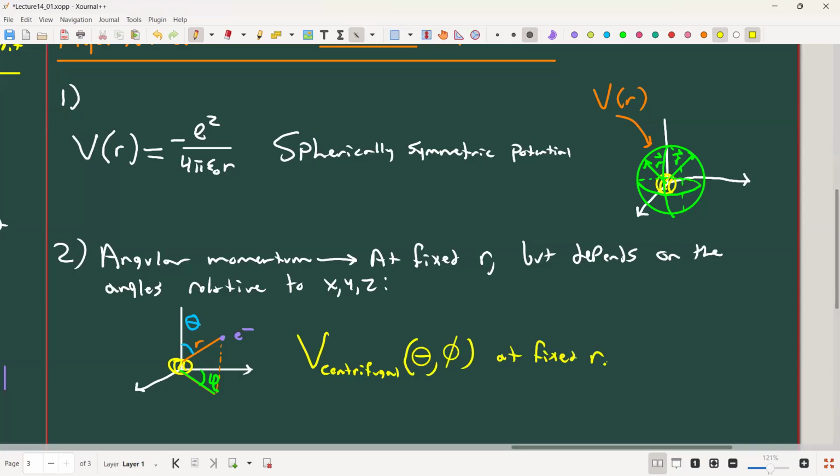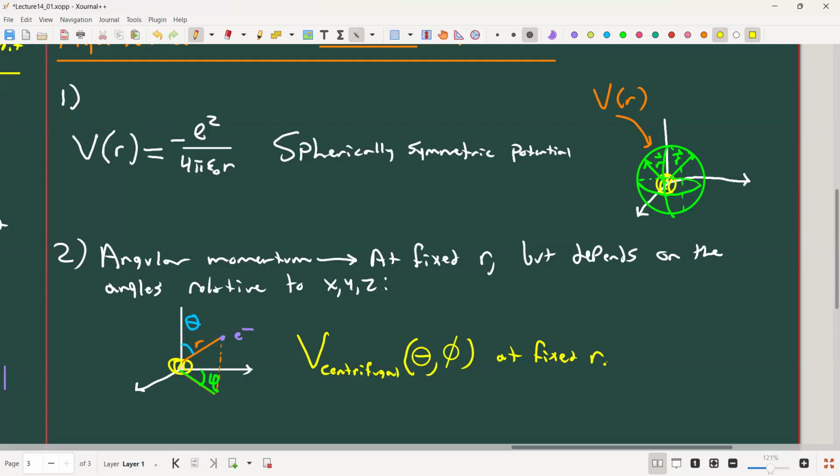So one of the potentials is only dependent on r, and the other one has no dependence on it. It's parameterized by r. The potential energy changes per unit r, but once r is fixed, it only depends on the angles. So we have two completely separate physics in some sense. This is only dependent on these angles, and this is only dependent on r. So they're completely separate motions.